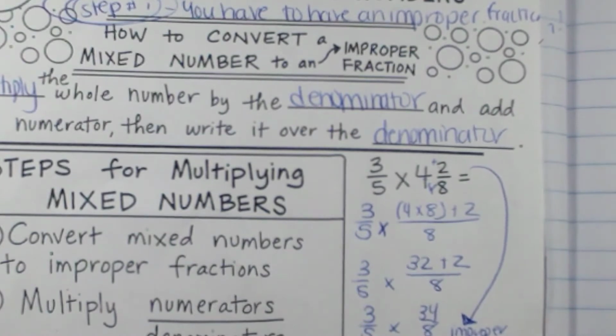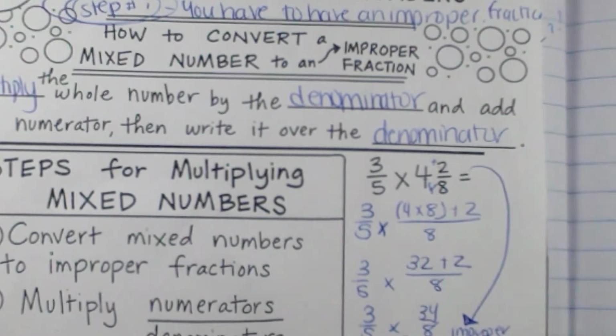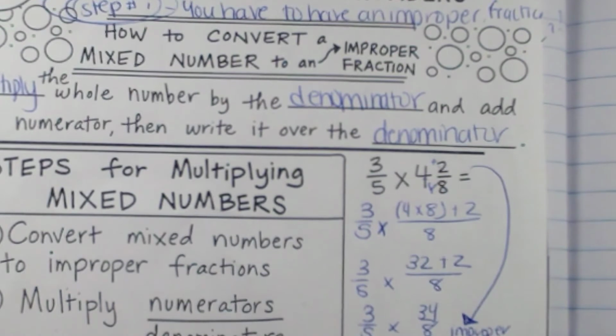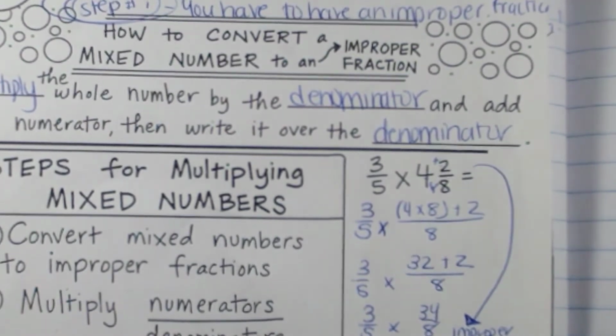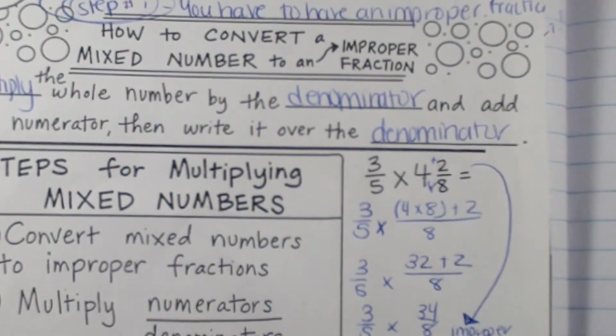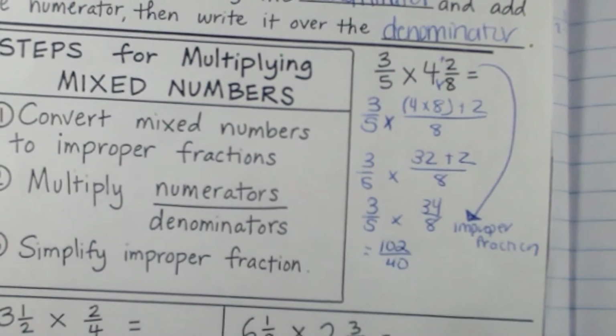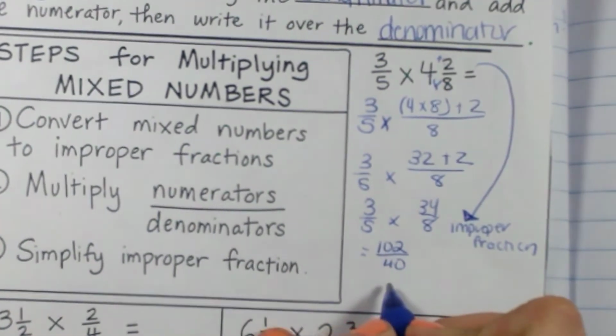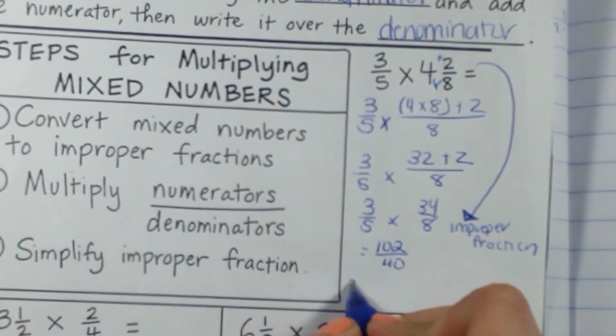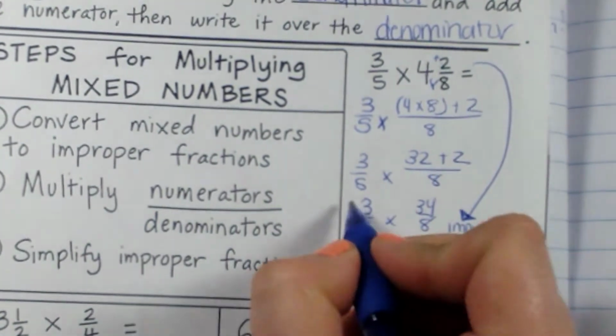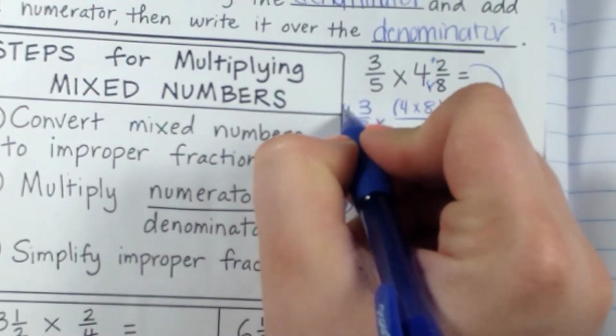So then I'm going to multiply across. 34 times 3 is 102. 5 times 8 is 40. Okay. Now I'll move that up for you. Now I want to change it to a mixed number. So this is step 3. This would be step 2, and that would be step 1.